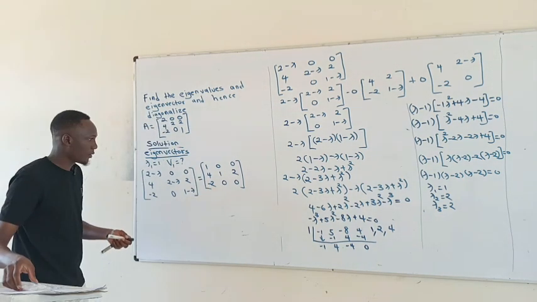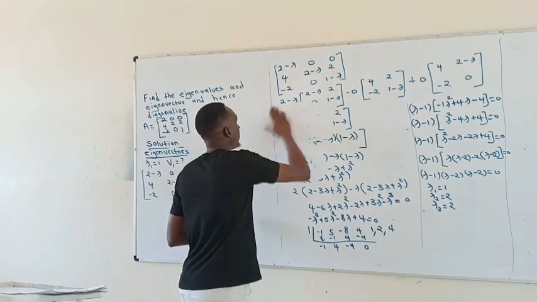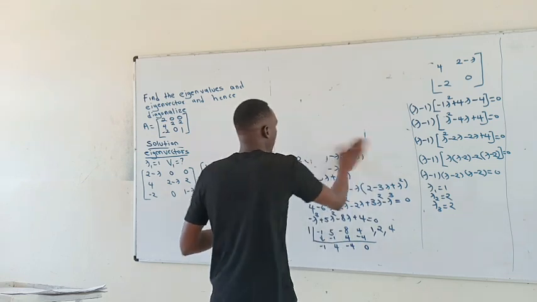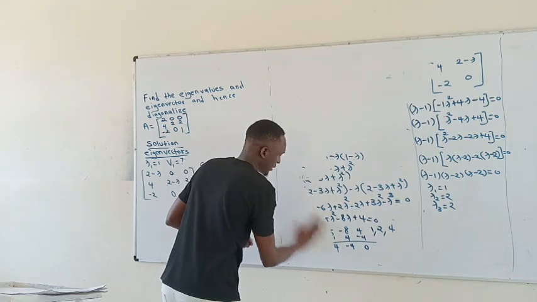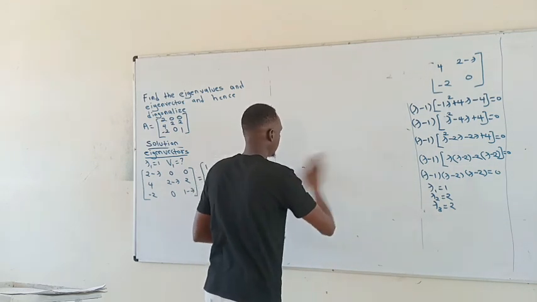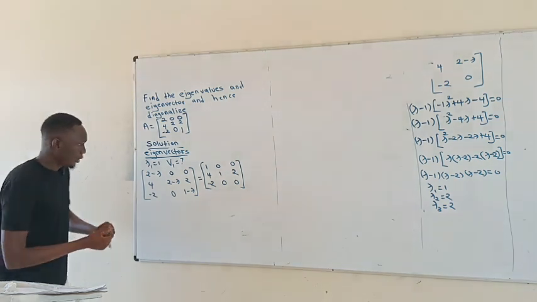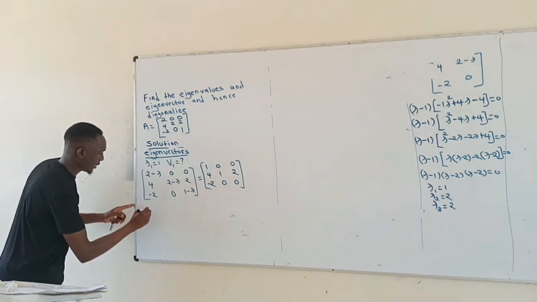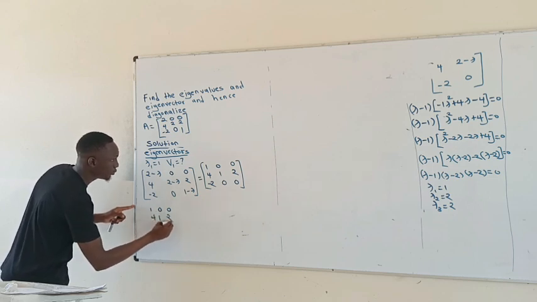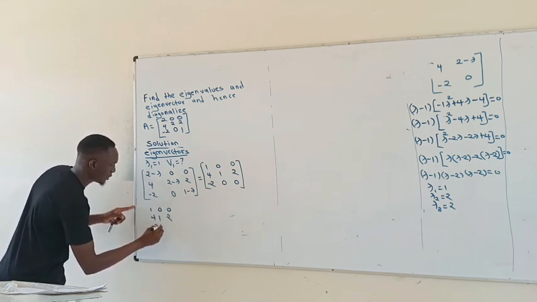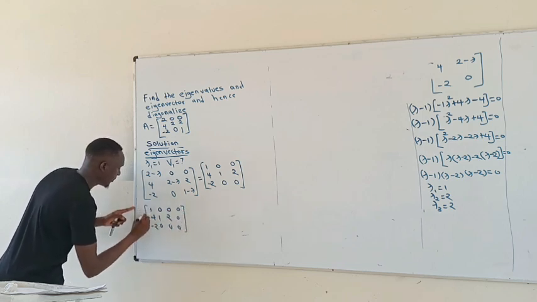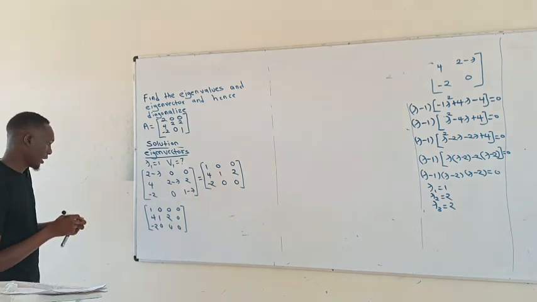Now how do we find our eigenvectors? We perform a row reduction. We want to perform a row operation, to row echelon form, in order to get our eigenvectors. Since we have 1, 0, 0, 4, 1, 2, and negative 2, 0, 0, we add 0, 0, 0 on the right and perform a row operation.